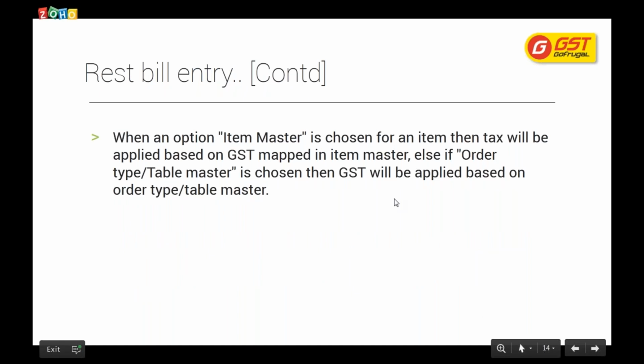If the tax type is based on item master, in the bill entry the GST will be calculated only from the item master. And we have another option, the tax based on order type or table master. Then the GST will be applied based on the GST configured in the table master or order type master. Let us see a quick demo of the restaurant bill entry for all the transactions.